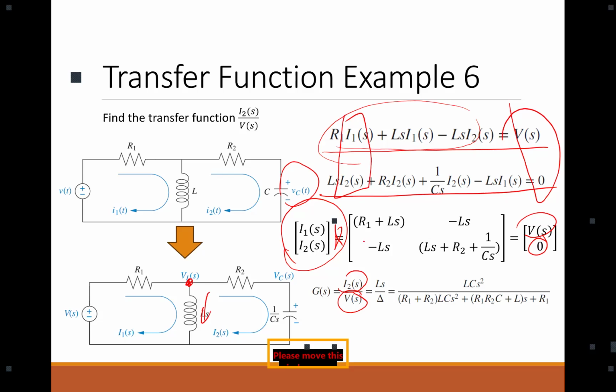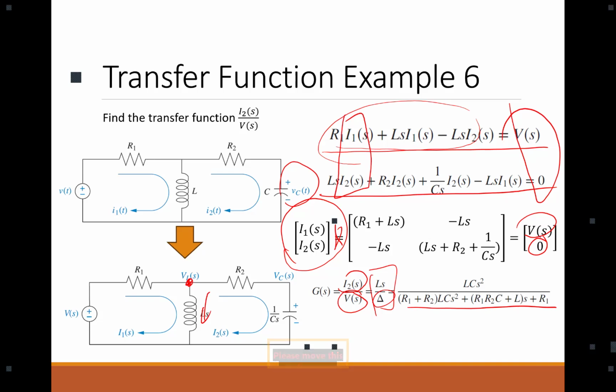So here we basically run an inverse on this matrix, and based on that, by simplification, we have LCs squared over that denominator that we have. The Cs in the numerator is actually the denominator of this delta. It just went up mathematically. Is that clear? So now we have our G(s).